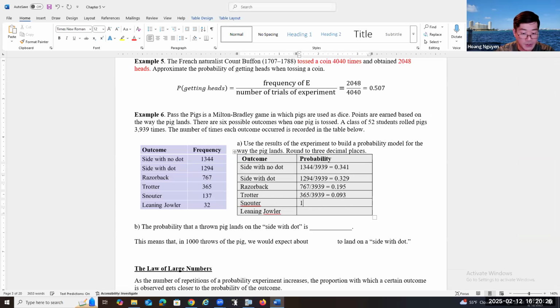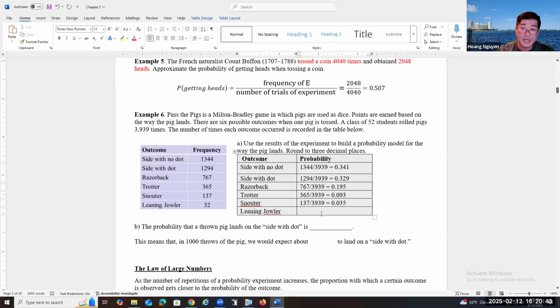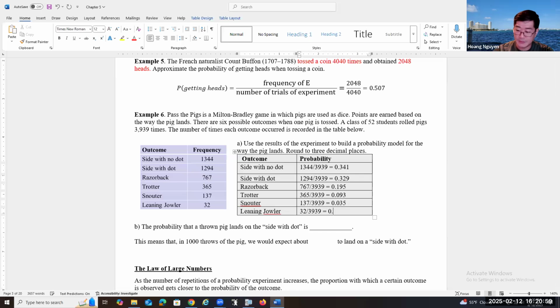Now the next one is 137 divided by 3939, which is 0.035. And the last one, 32 divided by 3939, is 0.008. So that's the probability based on the relative frequency.